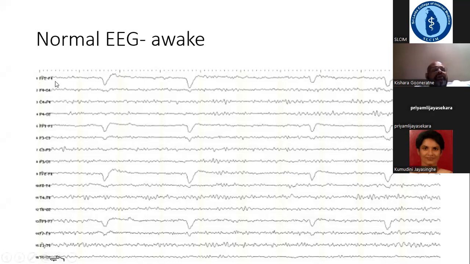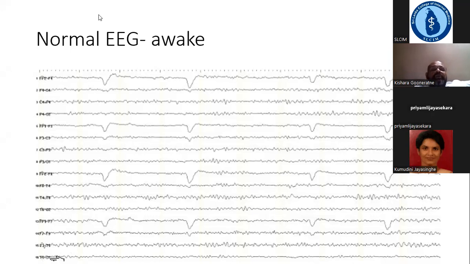So this montage is what we call a longitudinal montage, right? Where the first leads are in front, or anterior, and the last leads are in the occipital area.